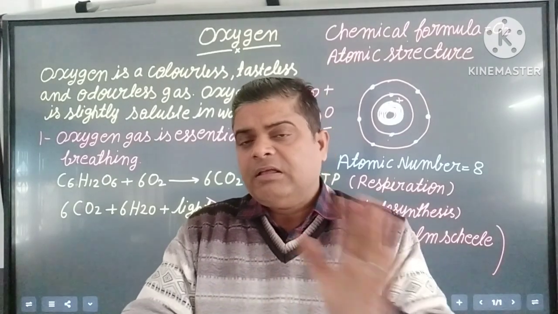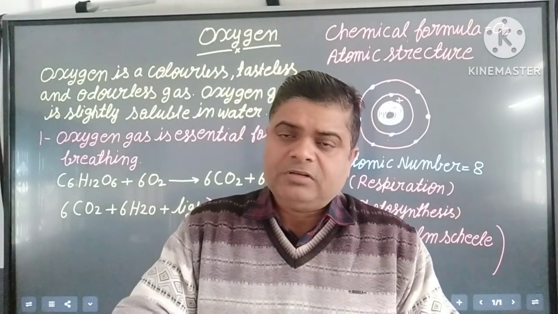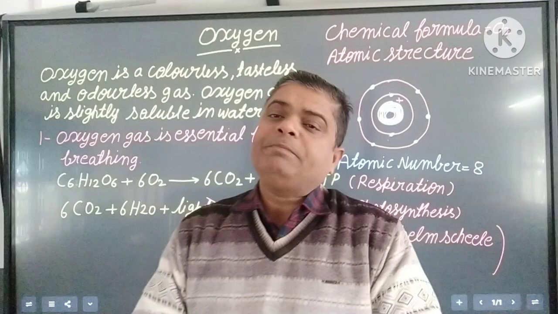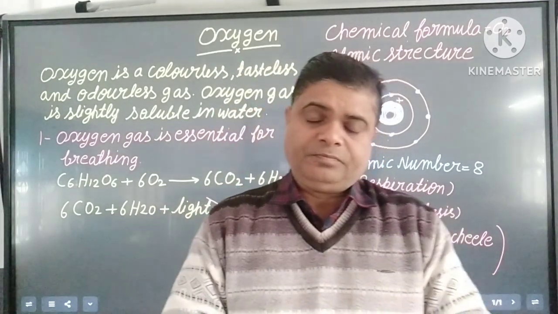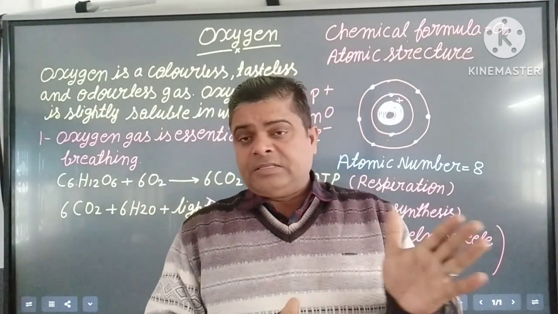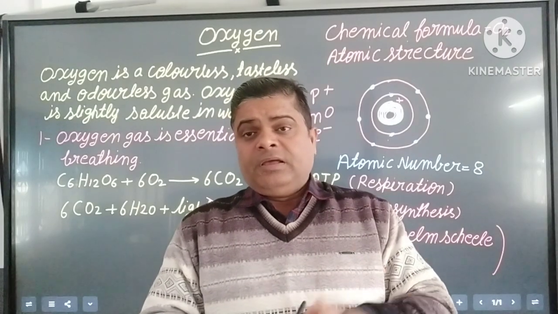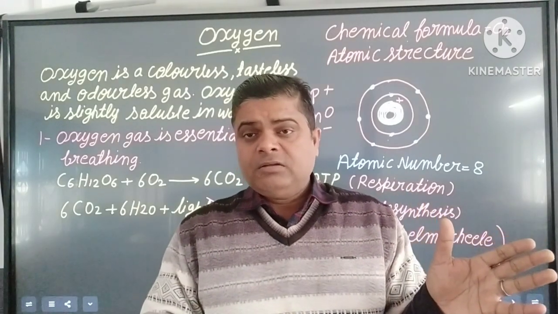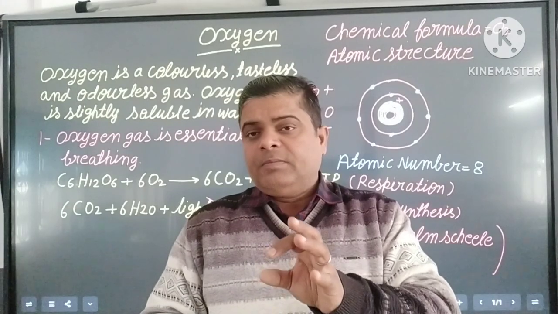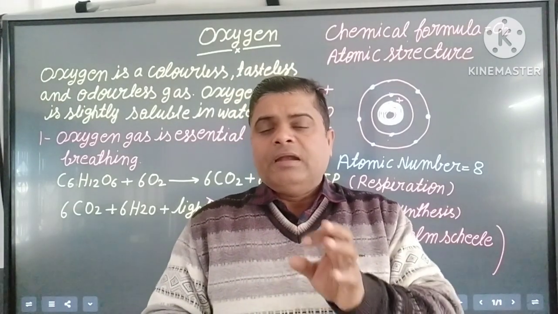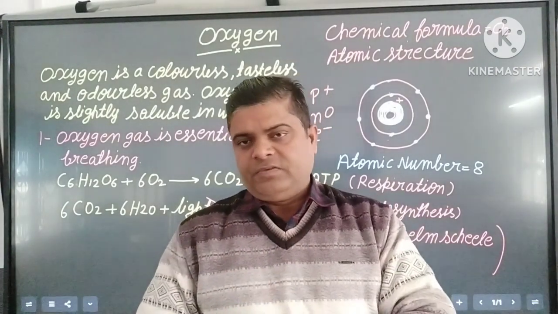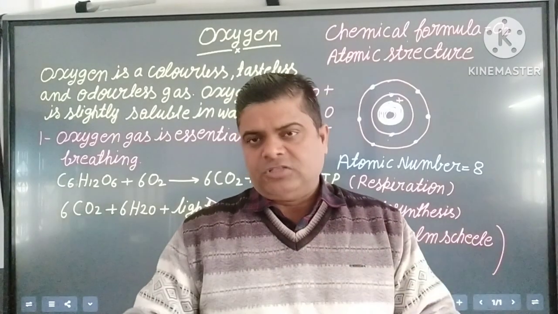And oxygen about 21%. So you find only about 1/5 part is oxygen. That's why sometimes in the hospital you see an oxygen cylinder, because at that time the patient is not able to take oxygen directly from the atmosphere. That's why we give the oxygen.